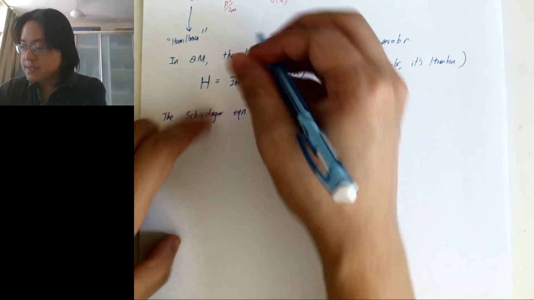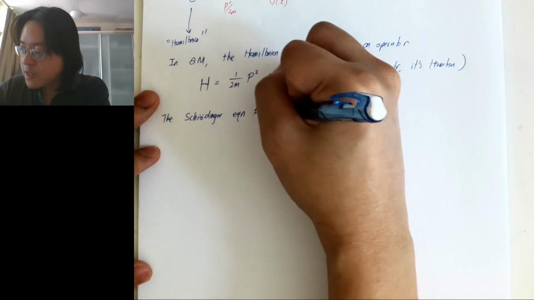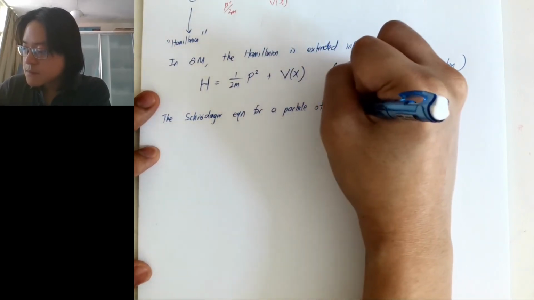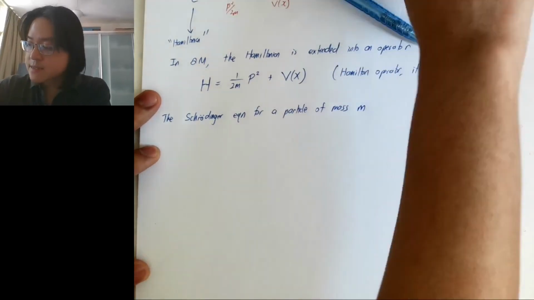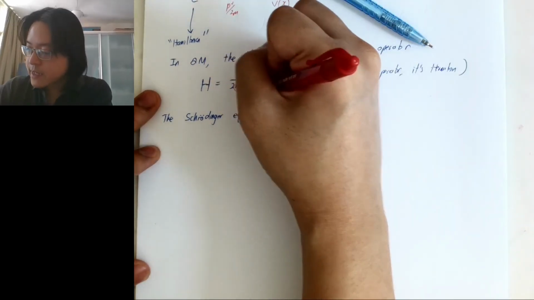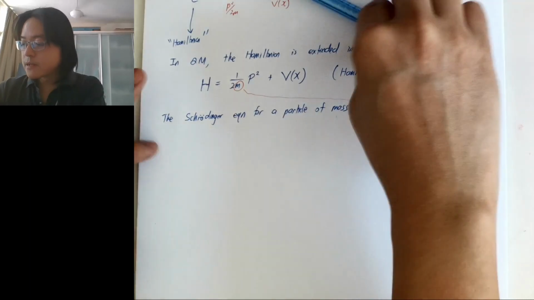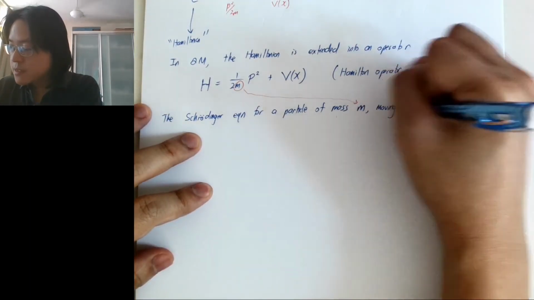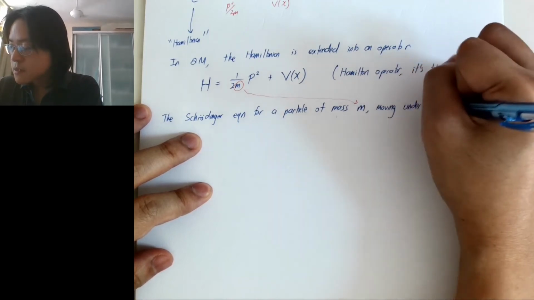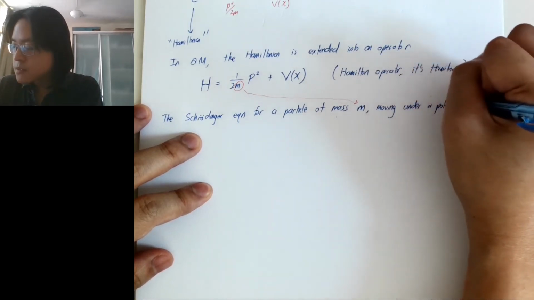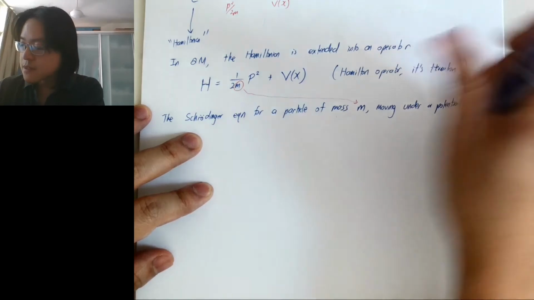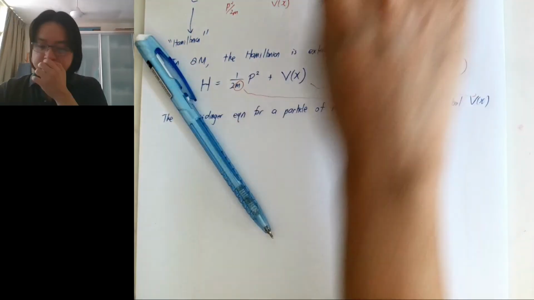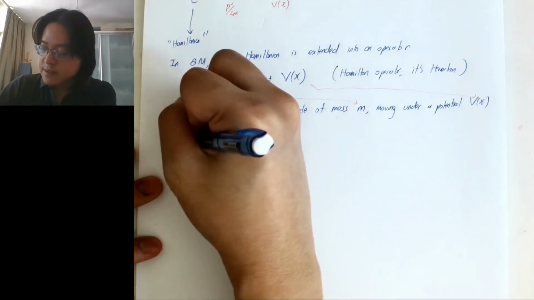This is for a particle of mass m, so the mass of the particle is taken into account here, moving under a potential V of x. And this will give the kinetic energy.